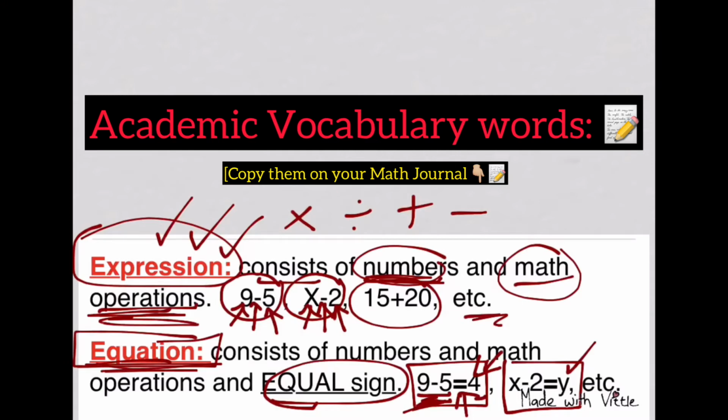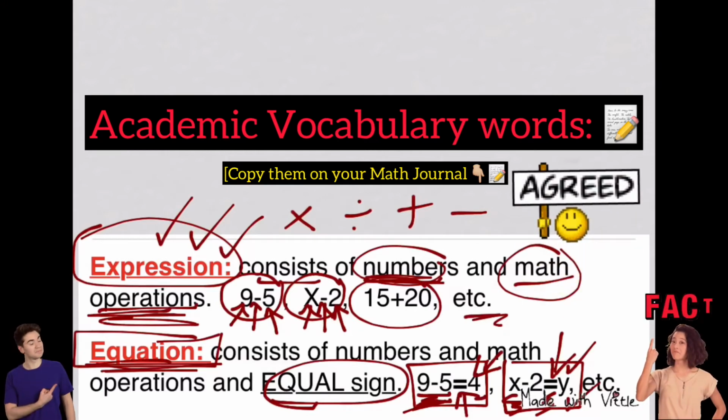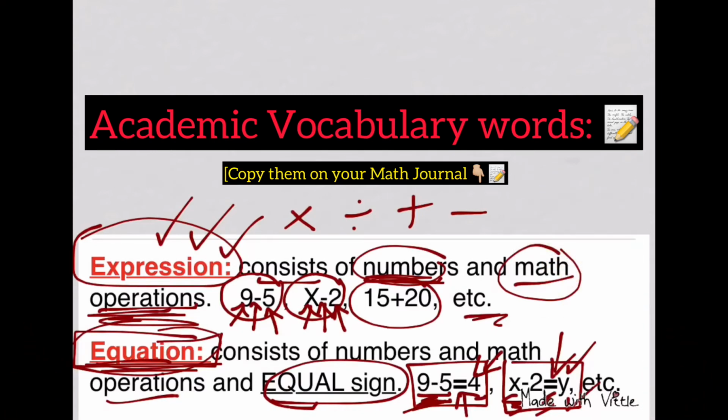Even though the x is missing, if you subtract 2, it will equal a number, which is going to be the answer, and it is represented by y in this case. And it's still an equation because of that equal sign. So now you know the difference between an expression and an equation. On the test, if they ask which one is an expression, you will look for something that doesn't have the equal sign. And if the question is about which one is an equation, then look for something that has the equal sign.